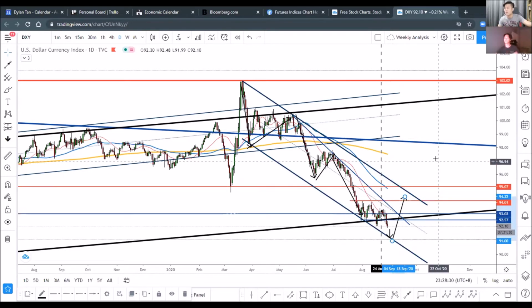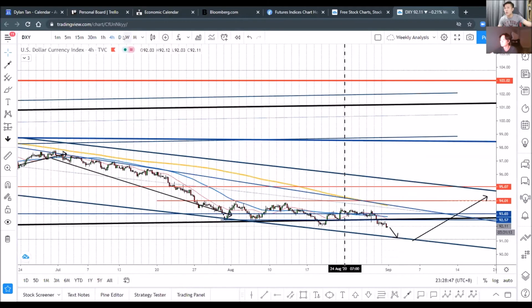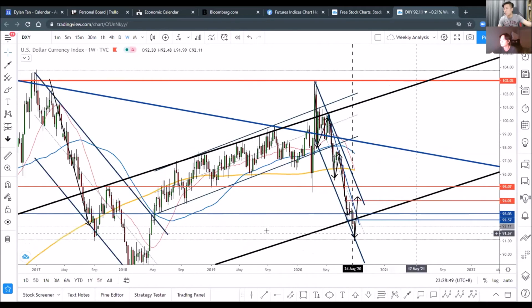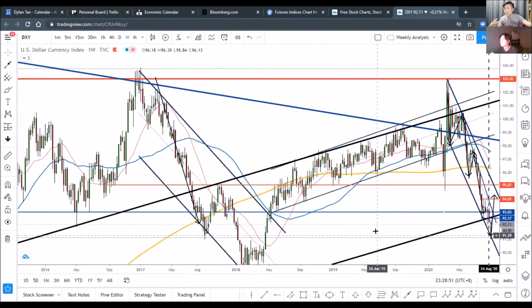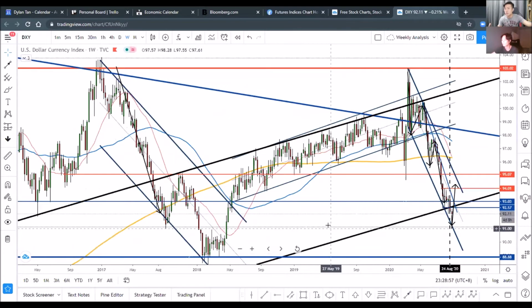Otherwise, I may be looking at an opportunity to buy the dollar index again. As you can see, if we are purely looking at this channel, the bottom of the channel itself, I think 91 is a pretty good price for us to try the rebound. But definitely, I will recommend waiting patiently for at least some sort of a stop or a reversal candlestick formation.